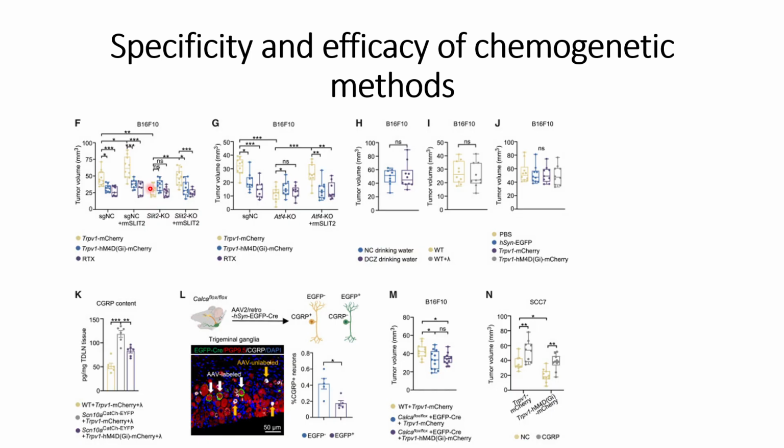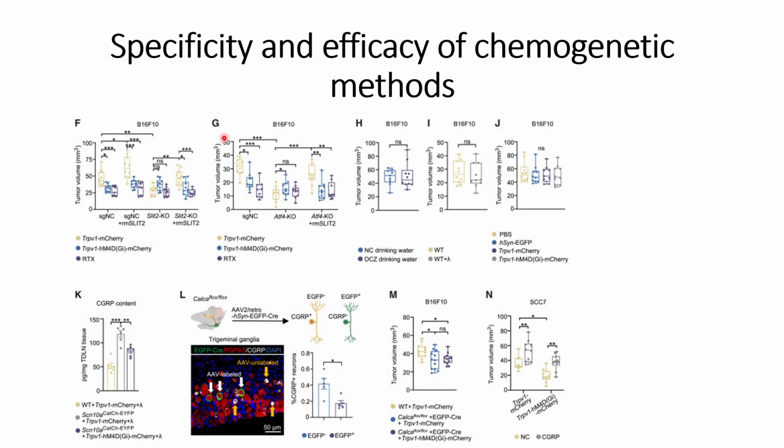The changes are non-significant. And when they reintroduced recombinant Slit2 in these knockout cells, they are able to see tumor suppression again, or the tumor suppression properties are regained by the system. This indicates the role of Slit2 in this tumor suppression.